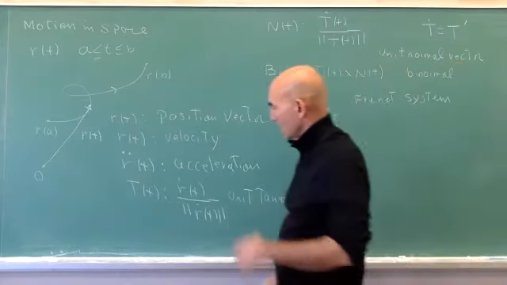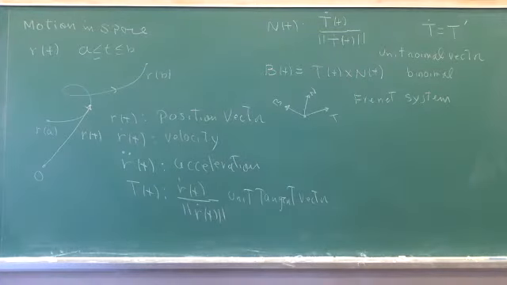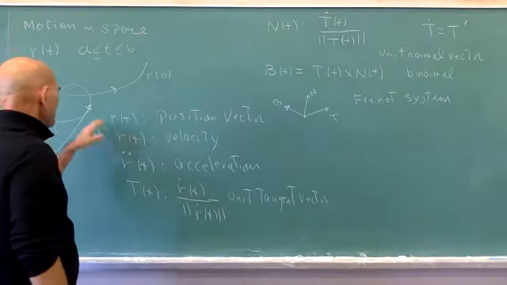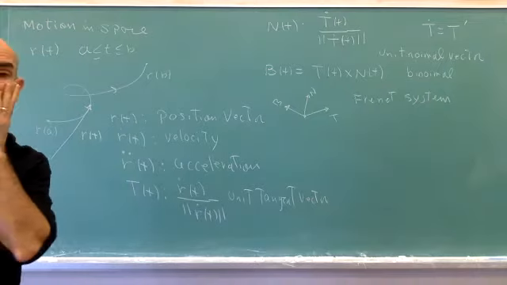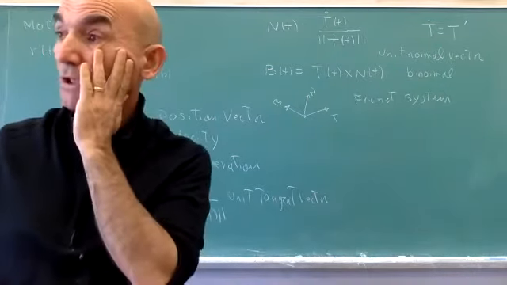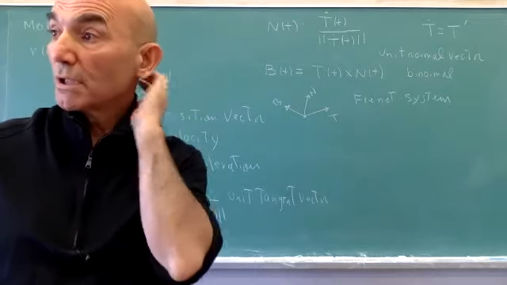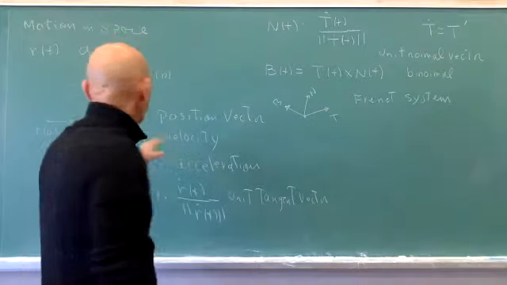Now, one of the things we want to do is use some very elementary observations about these things to prove something really big. Well, I think it's big. It's about Kepler's second law. We can immediately prove it using these simple ideas.